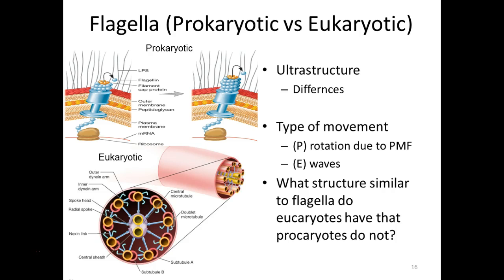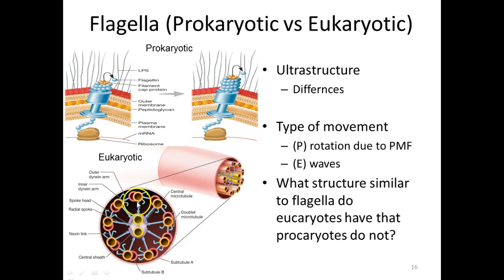So structurally, when we look at the ultrastructural differences between the flagella in prokaryotes and the flagella in eukaryotes, eukaryotes, as I said, have microtubules associated with their flagella. And it's actually in a particular pattern.